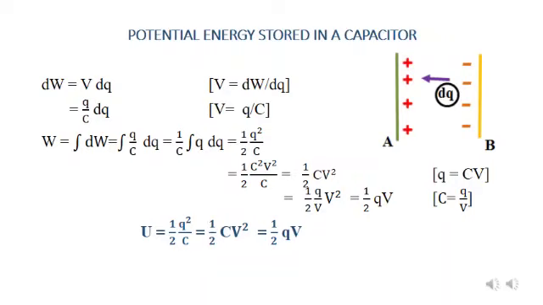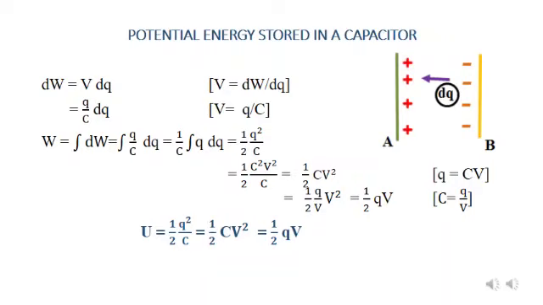Then the total work done to bring all the charge is W equals integral dW equals integral q by C dq. Since C, that is capacitance, is a proportionality constant, we take it outside.